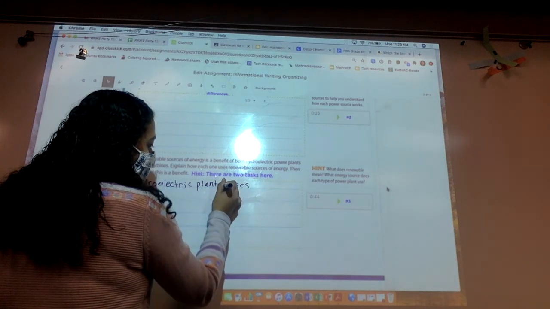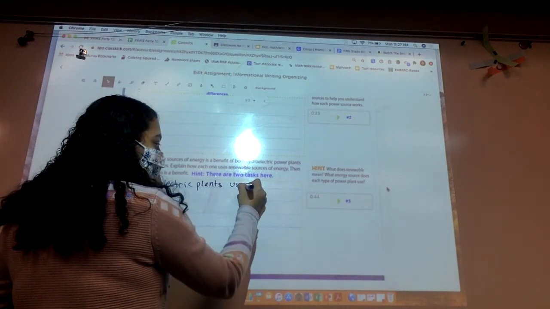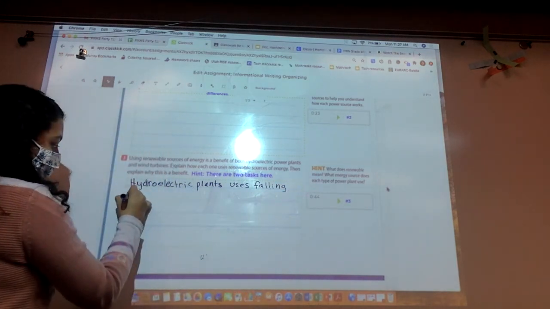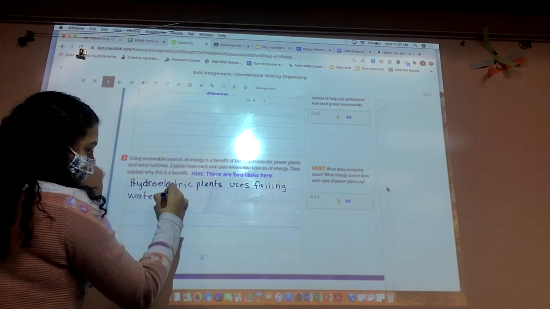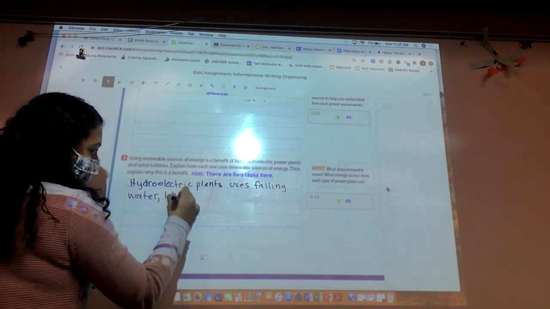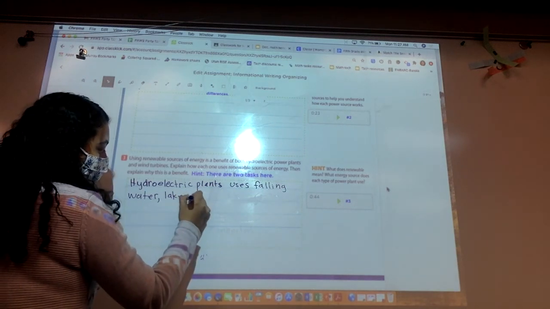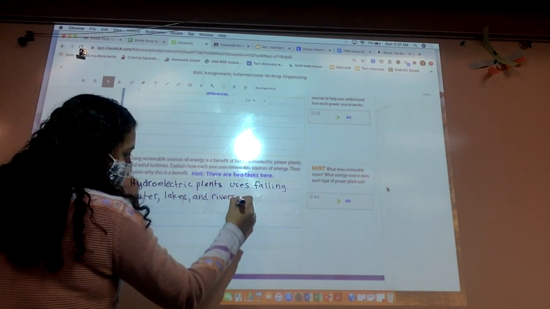Yes. No. It's not perfect, but it's better than nuclear and coal plants. Uses falling water, comma, lakes, and comma, and rivers. Period.